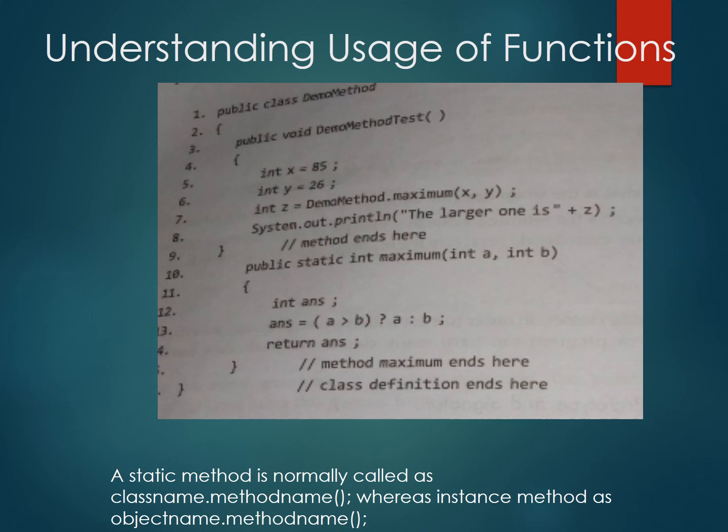And when demoMethodTest is making a call to the maximum method with x comma y, here x and y are the actual parameters, and this statement DemoMethod dot maximum is known as the method calling or method invoking statement. When we make a call to a method, we need not specify the data type, but when we define a method, we need to specify the data types associated with the parameters.